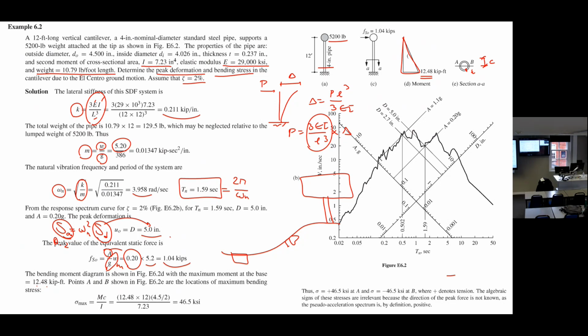Just to recap for you only, because we have a private class. We solved a design project for the El Centro earthquake. This is an elevated water tank made from steel. We came up with a stress of 46 KSI, which means 320 megapascal.